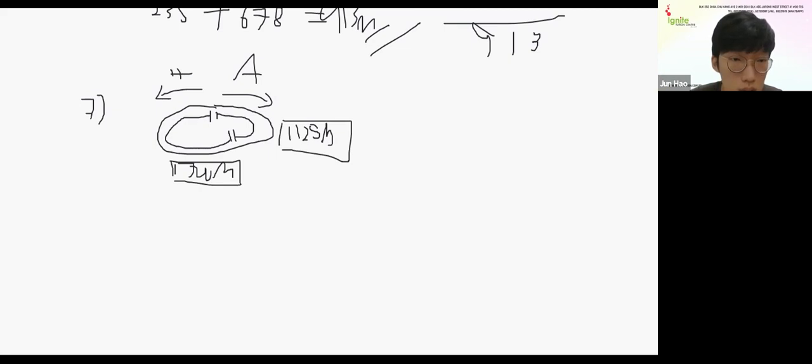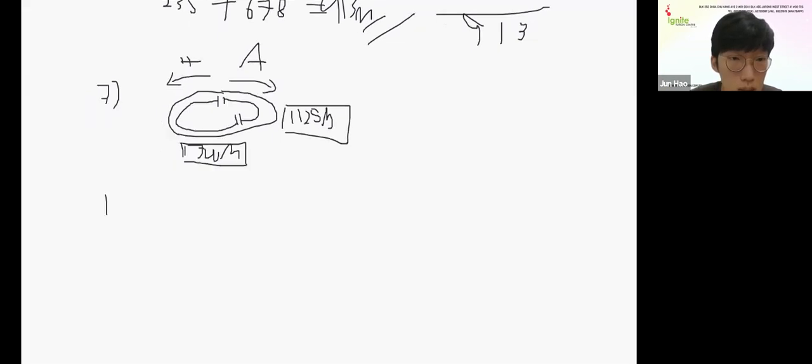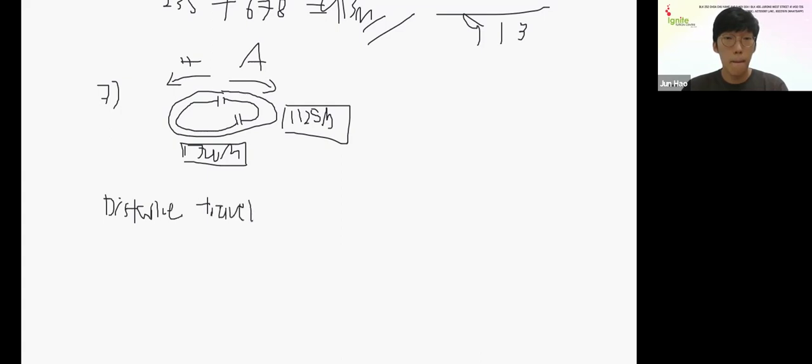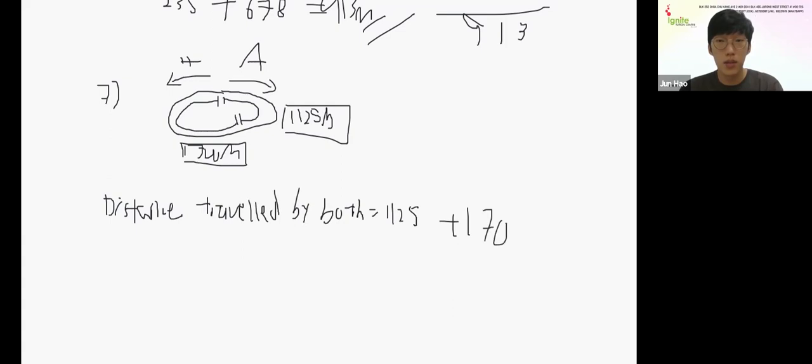So the distance traveled by both is equal to 1,125 plus 1,700 meters. Okay, I want you to also do the calculation. I'll give you about 2 minutes.